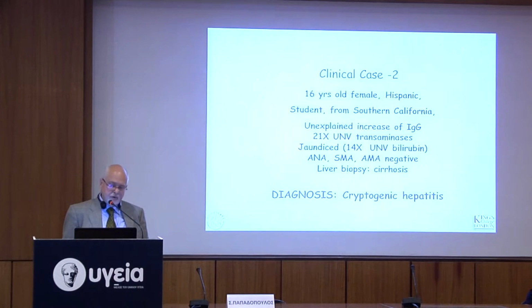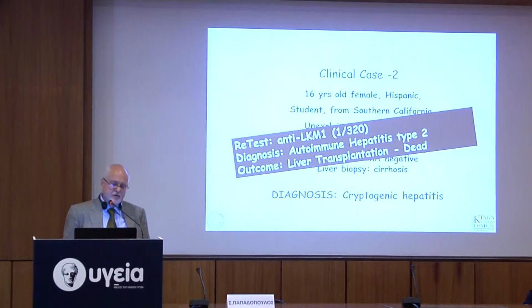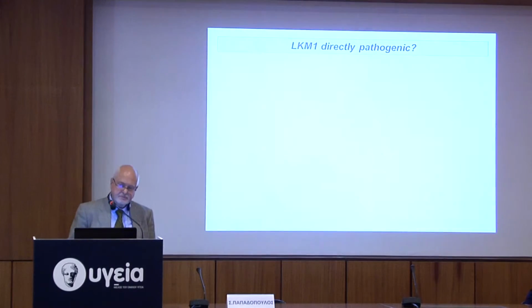The diagnosis was cryptogenic hepatitis, so you say, all right, this is like the other one. Up to a point, yes. The diagnosis was made retrospectively of type 2 autoimmune hepatitis. The serum was stored, but in this case, the patient died. And there is no way that the patient should die with type 2 autoimmune hepatitis these days.